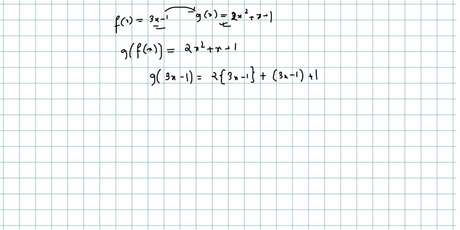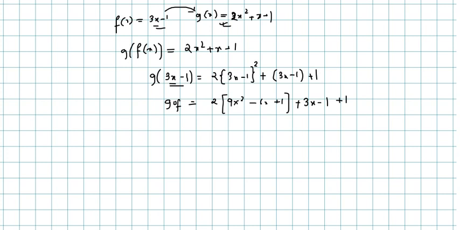So, this is our g of f of x, which is nothing but g of f only. In this case we can now simplify a little bit. Oh, by the way, it's a square, sorry. So this one would be 2 times (9x square minus 6x plus 1) plus 3x minus 1 plus 1.